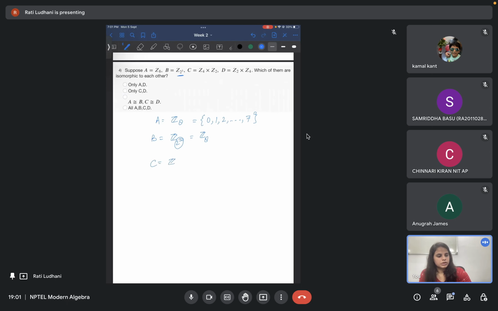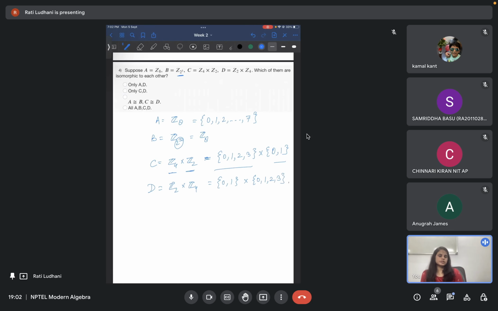Now the third one: Z4 is 0, 1, 2, 3 and Z2 is 0 and 1. And D is given to be Z2 cross Z4, so this is 0, 1 and this is 0, 1, 2, 3.